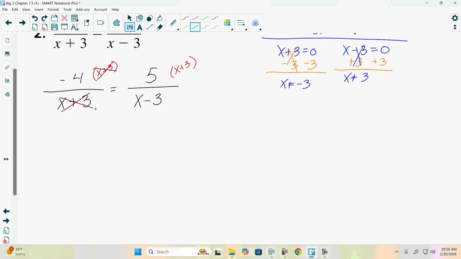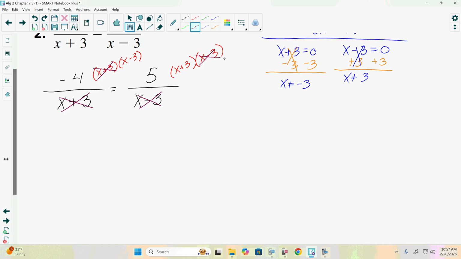Then I would look at the other fraction. The one on the right, the x plus 3 is not going to cancel it out. I actually need an x minus 3, so I multiply the whole thing by x minus 3. We take it term at a time, because x minus 3 over the x minus 3 would cancel.